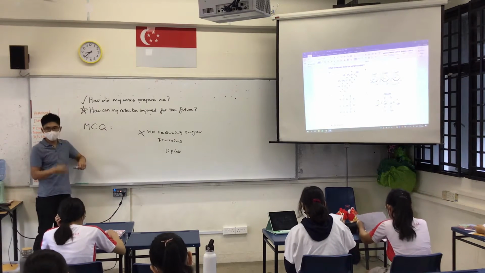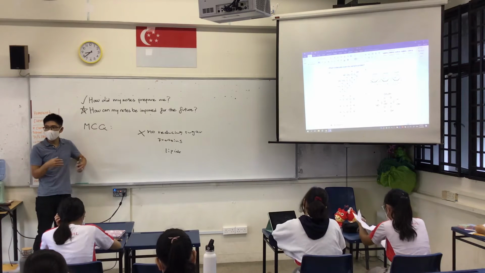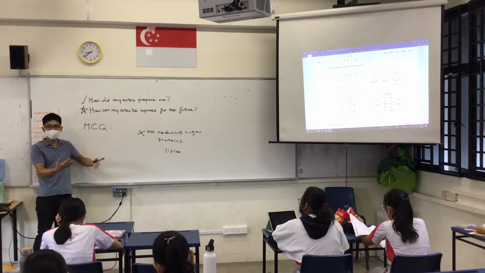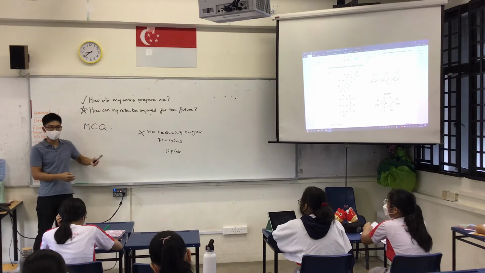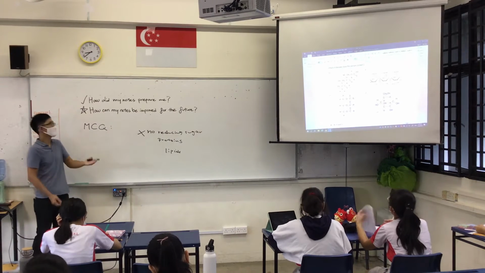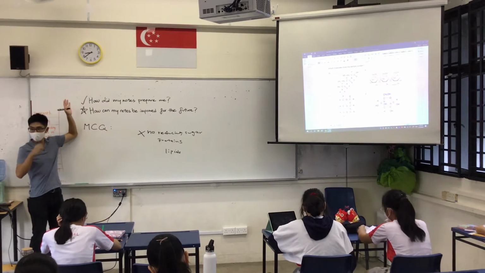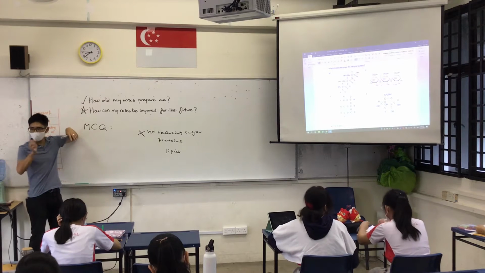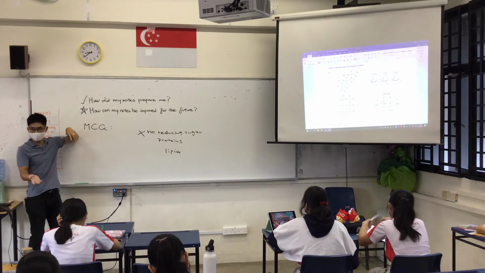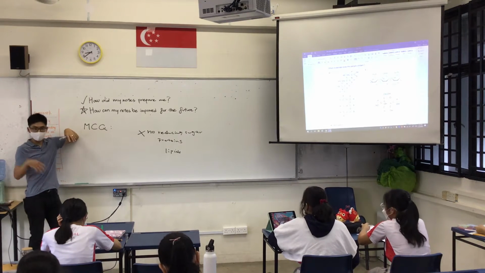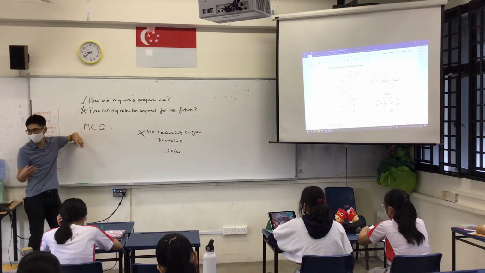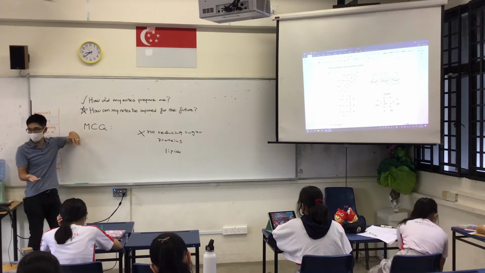Can you do yourself a favor? As we go through the questions, if your notes prepared you for this particular question, meaning you had the information in your notes, can you give yourself a tick in your notes somewhere so that you know that this part actually can be assessed. Sometimes we write a lot of things in our notes, but some are not very useful.